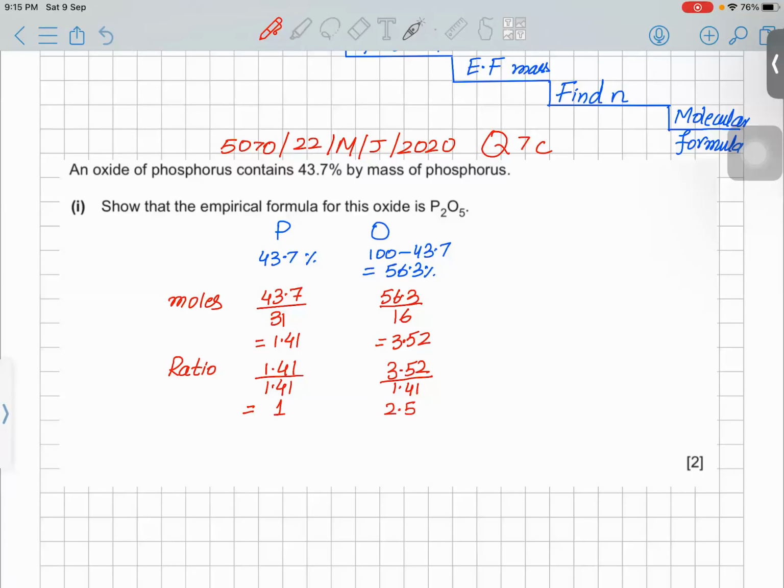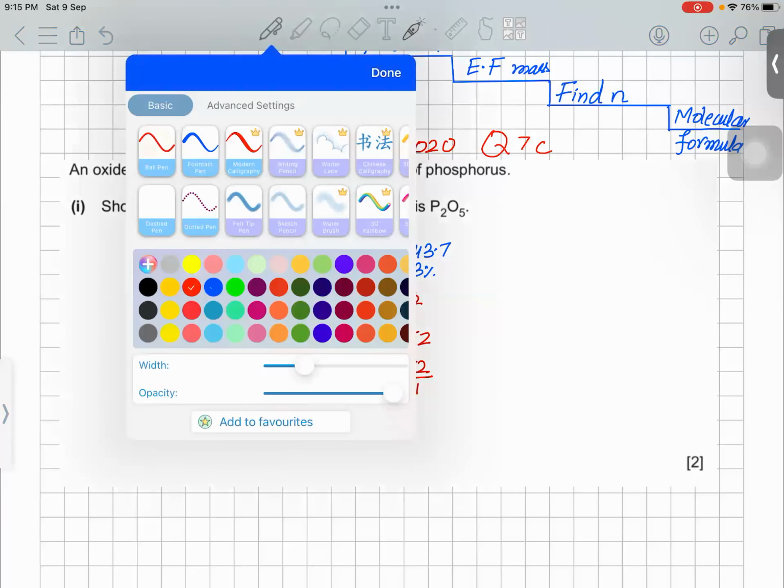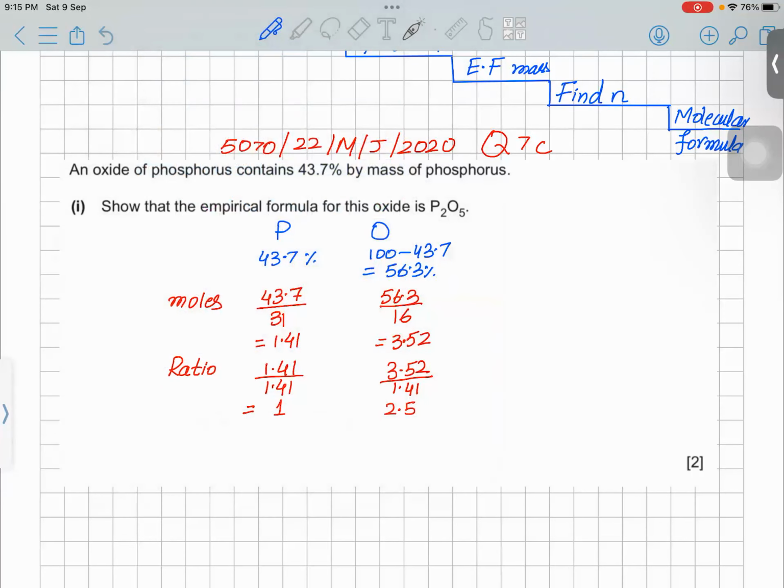Whenever you have 0.5, you always multiply by 2. So it becomes 2 and 5. So the empirical formula is P2O5.